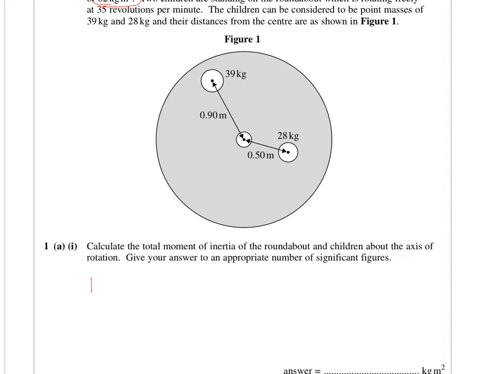So to get the total moment of inertia, we're going to add the moment of inertia of the roundabout plus the moment of inertia of the 39 kilogram child and the moment of inertia of the 28 kilogram child.